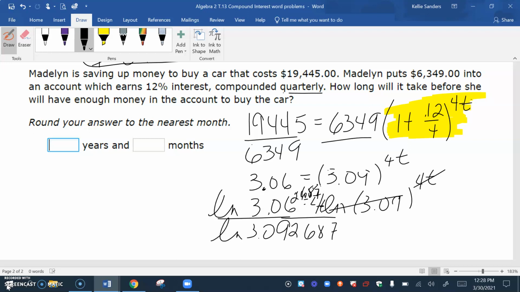So natural log 3.062687, helps if it actually works. Natural log 3.062687 over natural log 1.032687 equals 0.99.